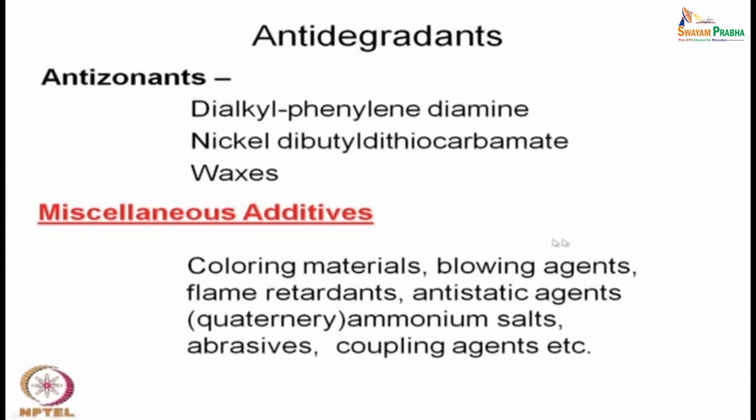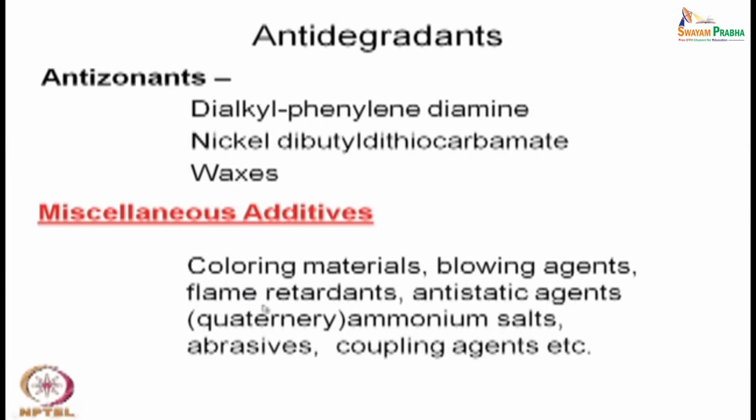Sometimes cellular rubber products are used, rubber sponge or soft rubber, that can be open cell sponge or closed cell sponge. These are made by using blowing agents. The blowing agents can be either a gas or some gas generating chemical compound.